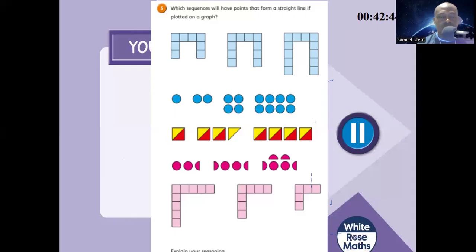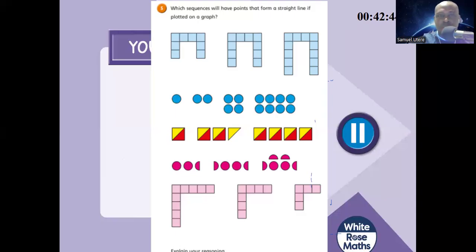Okay, 1 minute left. I'm sure you're working hard. And don't forget to explain your reasoning. It's at the bottom of the page. It says explain your reasoning.